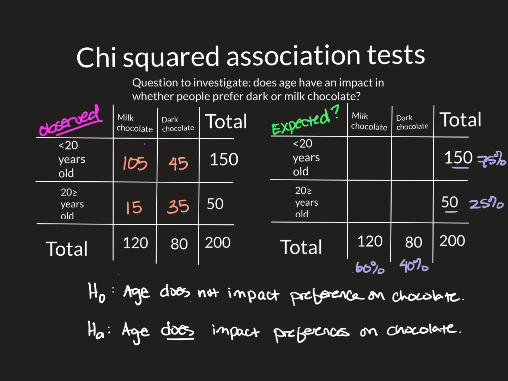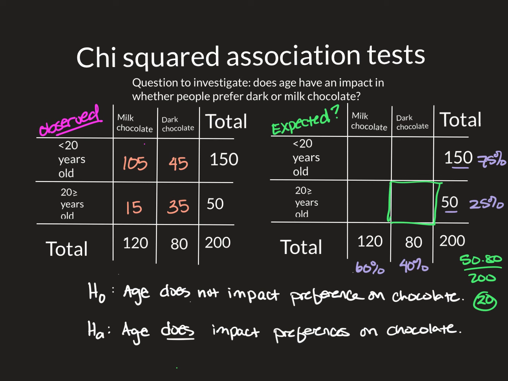And that is what is going to control what the expected values are. Now, the formula that you would end up using for, say, this box is you would say 50 times 80 divided by 200. That's going to get you the value that you need. And if you work that out, you would find that that is 20. So I know that 20 is going to go in that box, but this is just kind of the formula.